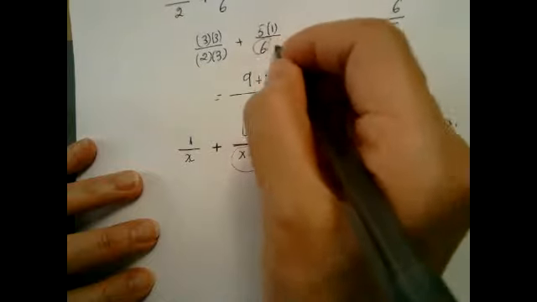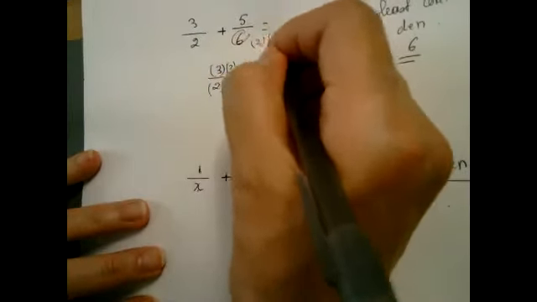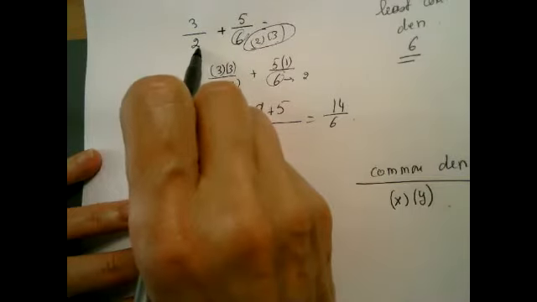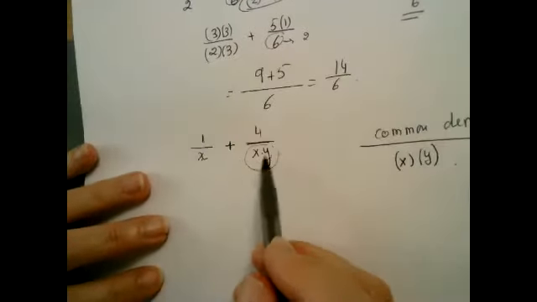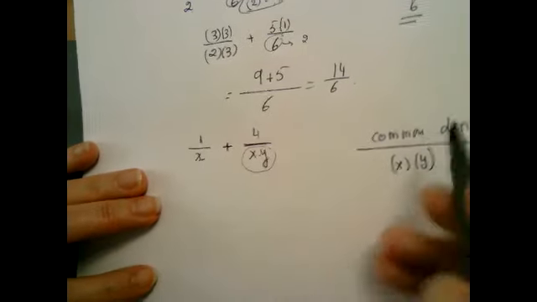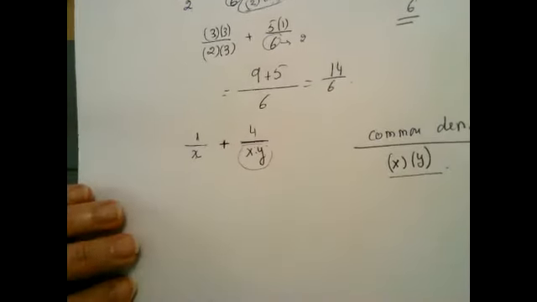It's like the 6 here. Why was 6 the common denominator? Because 6 was 2 times 3. So the least common denominator is going to be 2 times 3 because that's a multiple of 2. Here also, xy is a multiple of x because it's y times x. So this will be my natural common denominator.